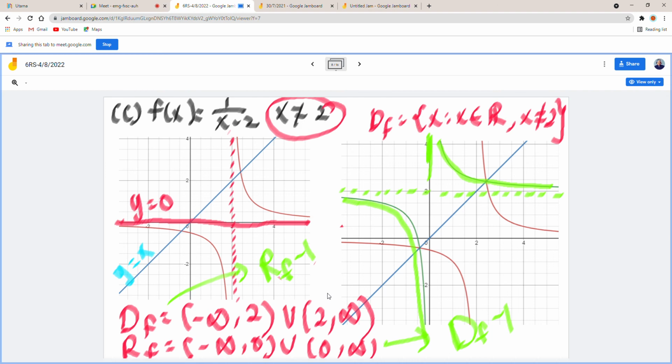I don't get it. Okay. For this part, we don't want the 2, the x equals 2. You understand that, right? Why don't we want it? Because this asymptote goes to infinity. Domain is from here to here.